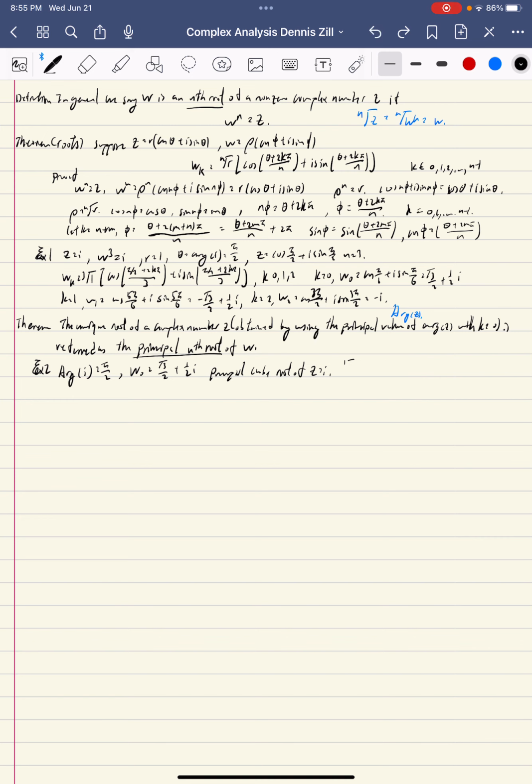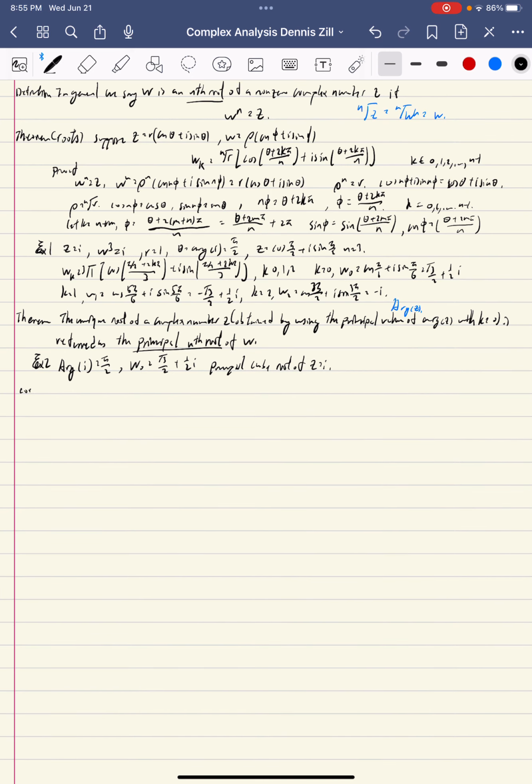So we can write a corollary. This is not mentioned in the textbook, but I summarize it. I think this point deserves to be highlighted.